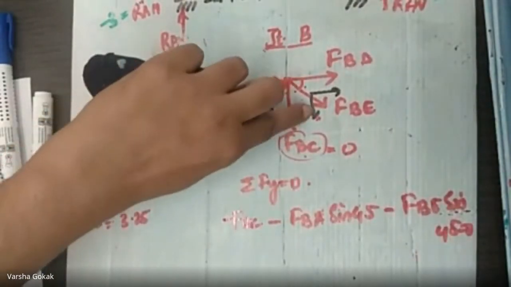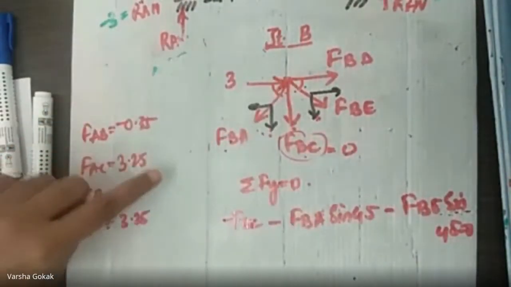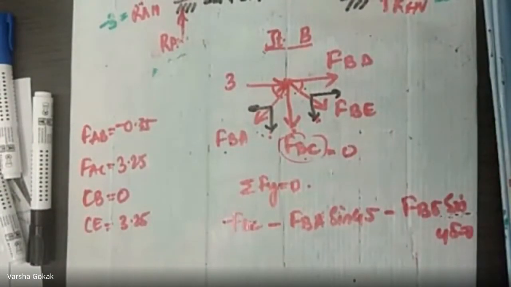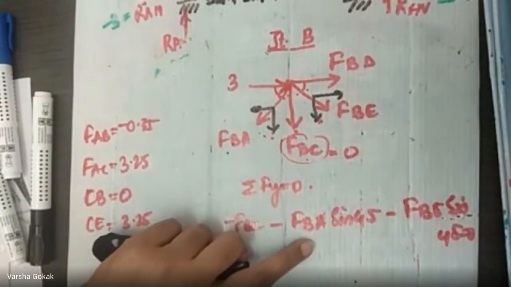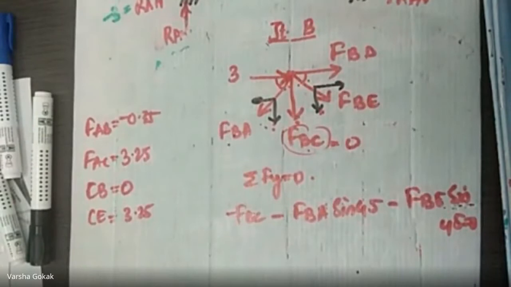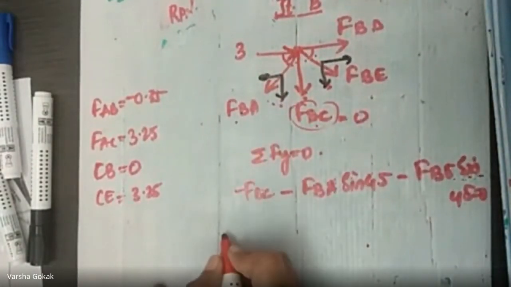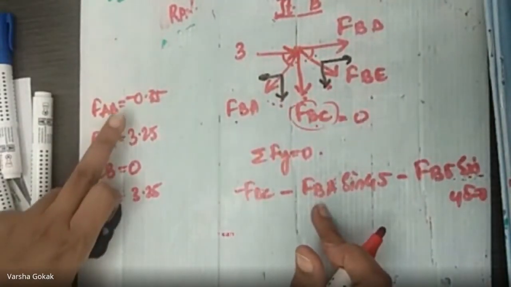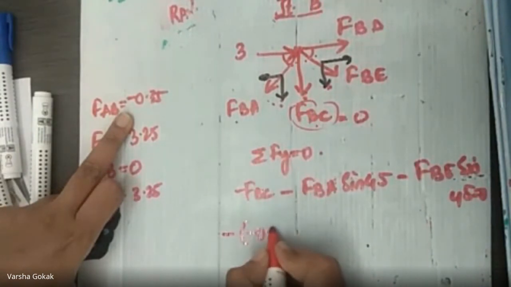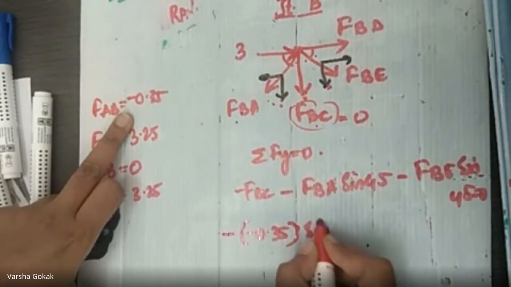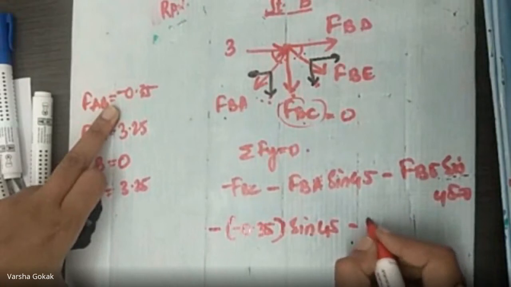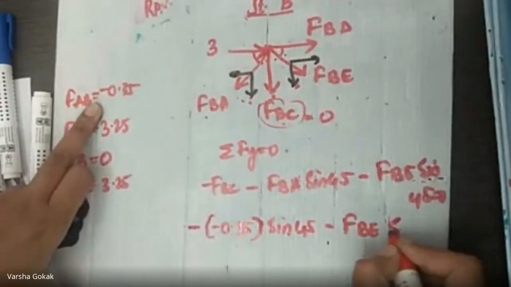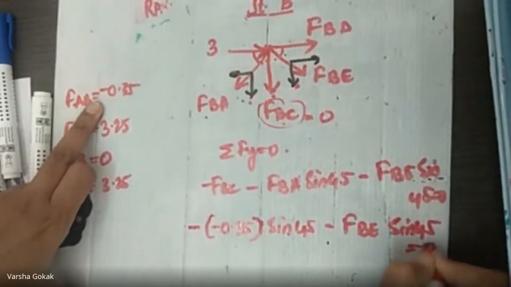Then I have this and this force, that is BA and BE. In BA and BE, do we have any value? BA value we have, BE we do not have. So let us substitute. This is 0, let's not write now. BA, what is BA value? Minus 0.35 sine of 45 minus FBE sine of 45 equal to 0.